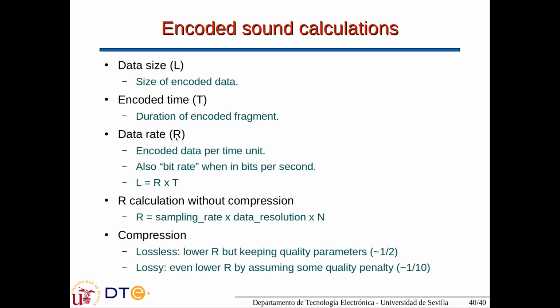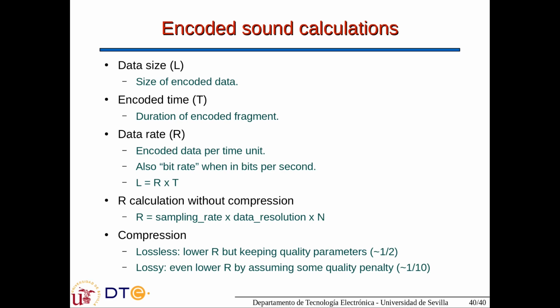The data rate is how much data I have per unit of encoded time. Okay, so the data rate is actually the size divided by the time, or the size is the data rate times the encoded time. Okay, this is general. This actually can be applied to sound, to video fragments as well.